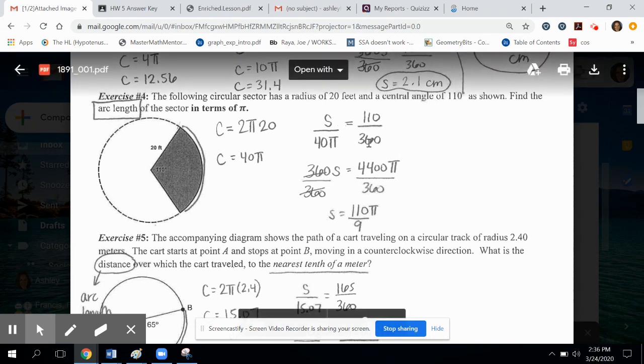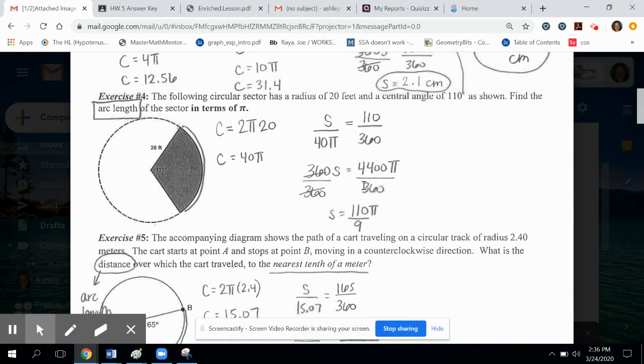You can treat 360s like 360s, and then when you divide 360 out of both sides, be careful, leave the pi. Don't even put that in your calculator, just leave it alone. Only input 4,400 divided by 360, and that will reduce to 110 over 9, and then put the pi in. So in terms of pi, leave it in your equation the entire time, pull it through, do not input it into your calculator.